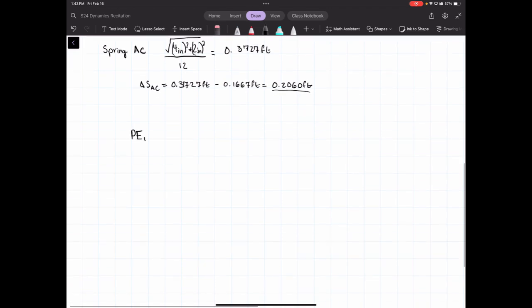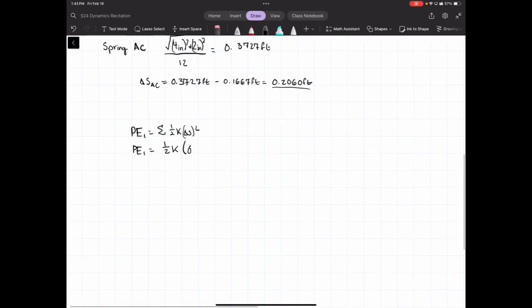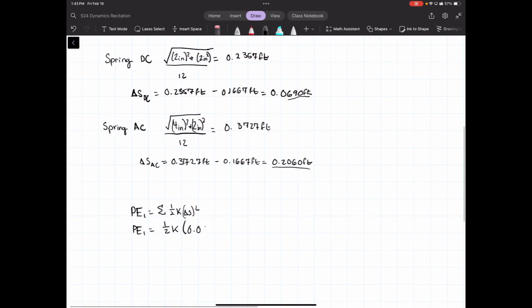So PE1 is equal to the sum of 1/2 K delta S squared, and our total potential energy there is going to be 0.7081 foot-pounds.